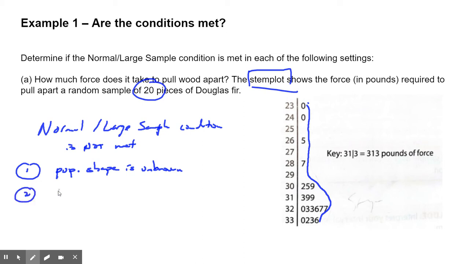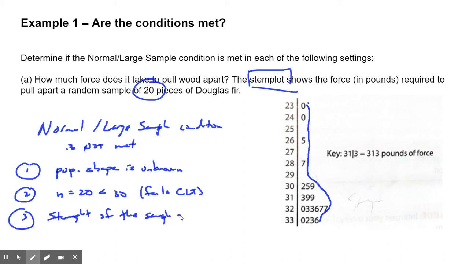Number two, your sample size is 20, which is less than 30, fails the CLT. And number three, your stem plot of the sample data shows strong skewness.